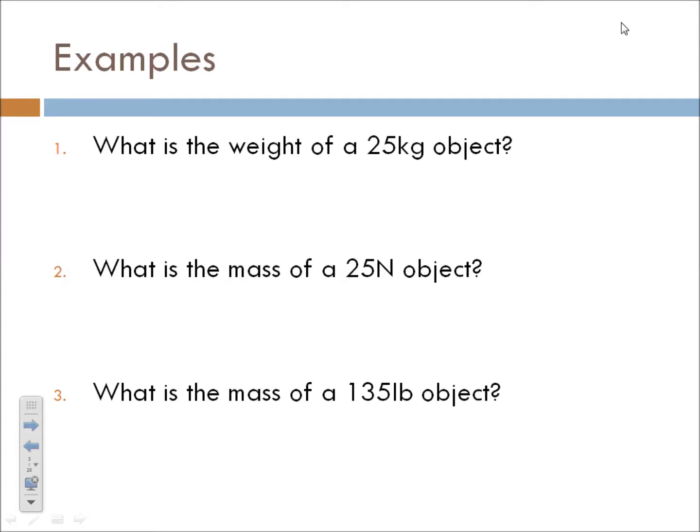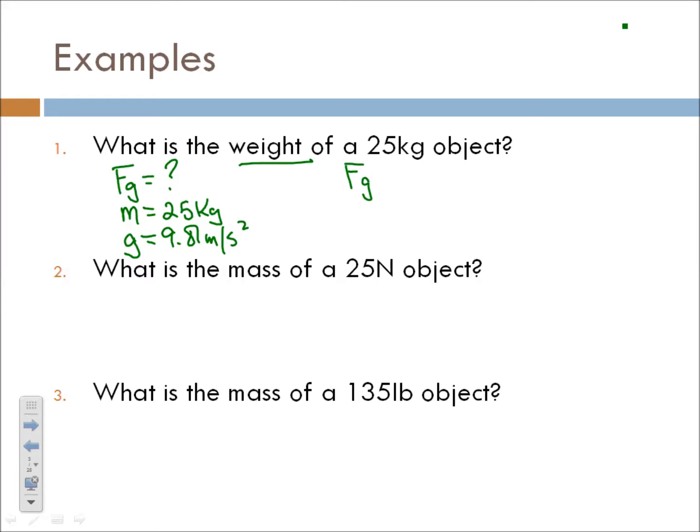So we're going to do three quick examples using this equation. The first one: what is the weight of the object if it's 25 kilograms worth of mass? If we're solving for the weight, that means our gravitational force is our unknown. Our mass is given to be 25 kilograms, and we're going to use the acceleration due to gravity, g, of 9.81 meters per second squared.